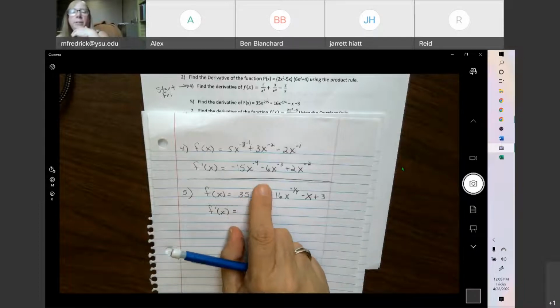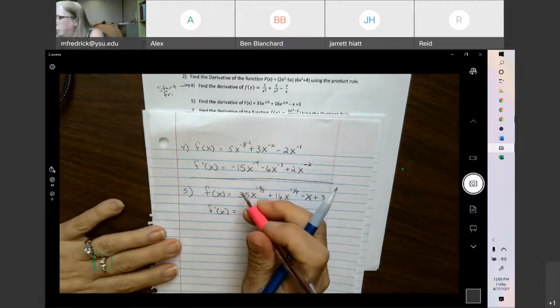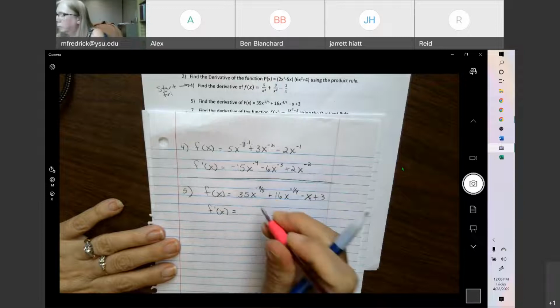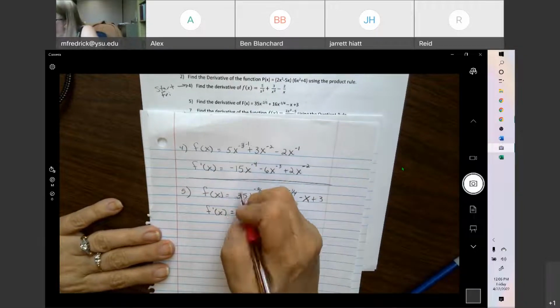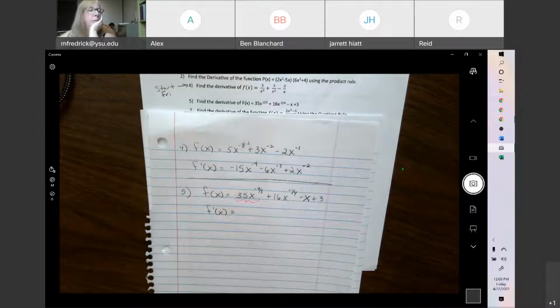Go ahead and type in your answer for the first term. So just the derivative of the first. Remember, if you answer questions up to 5 of them, you can get 5 extra credit points on the final.